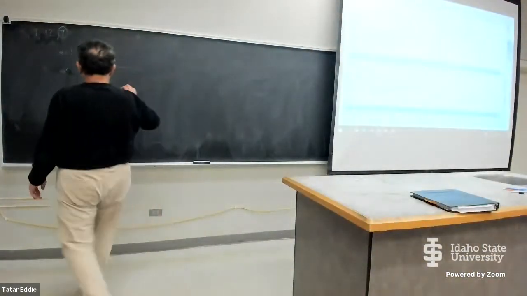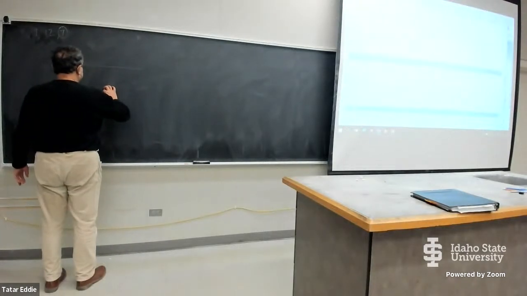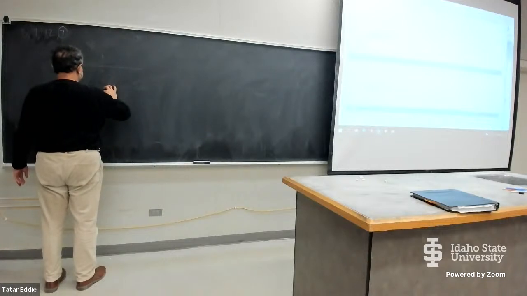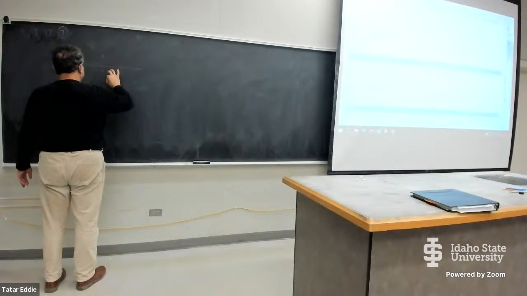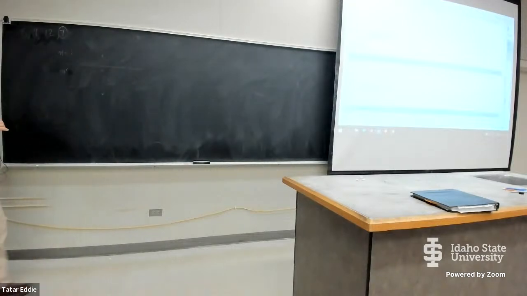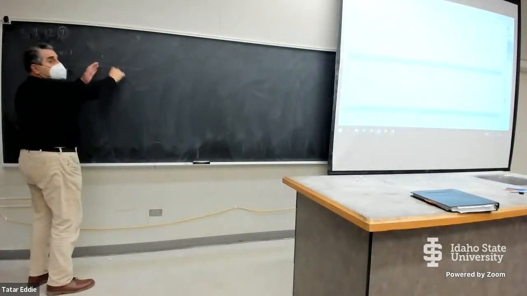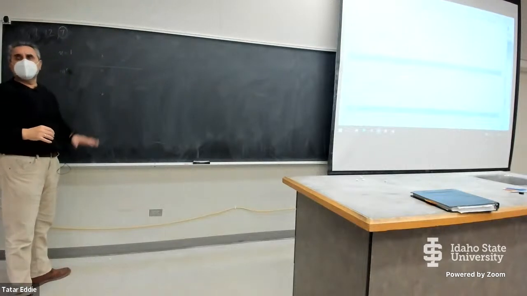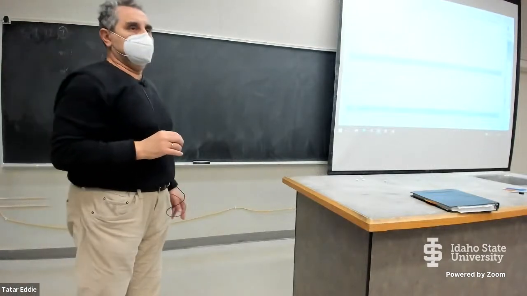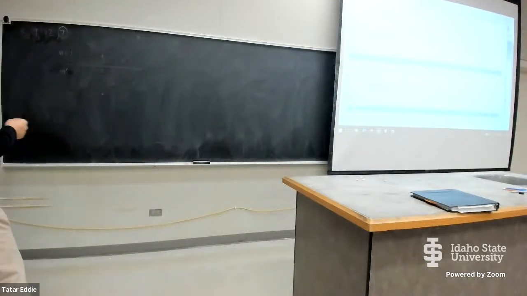So look, clearly a light ray that comes in this way is going to continue. And a light ray that is coming here is going to be refracted like this. Of course, you always have reflected light rays, but I'm not going to show the reflected light rays, just to keep this simple.